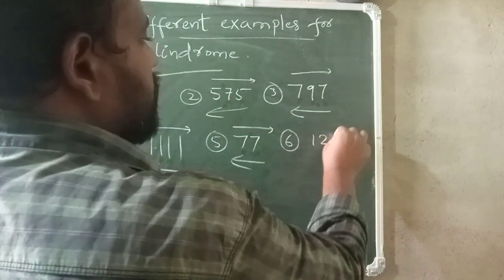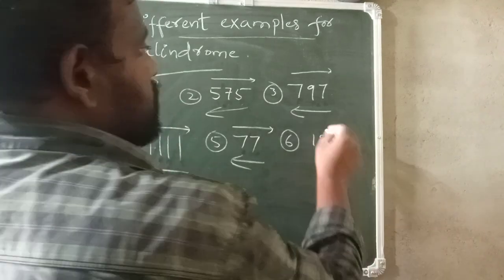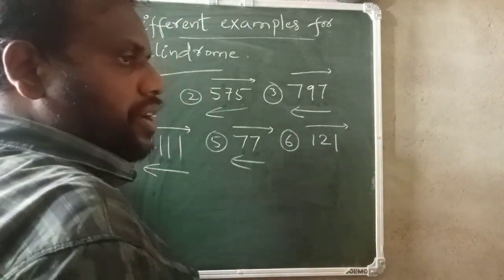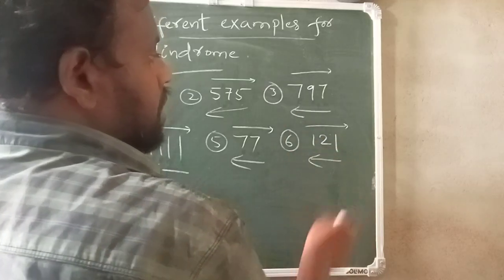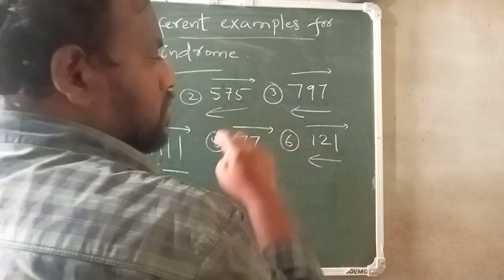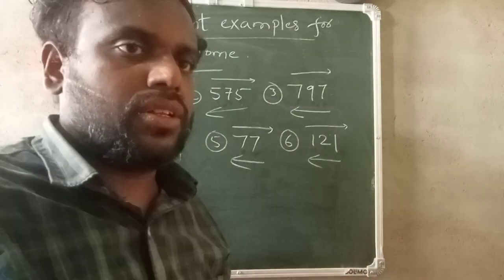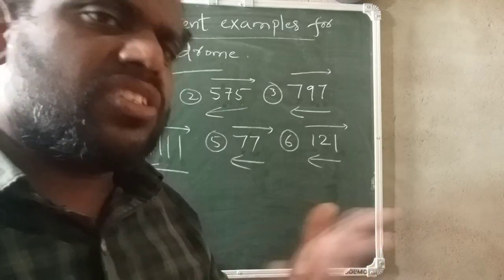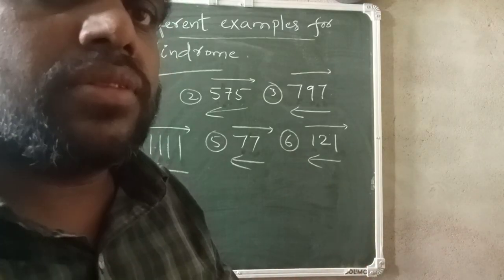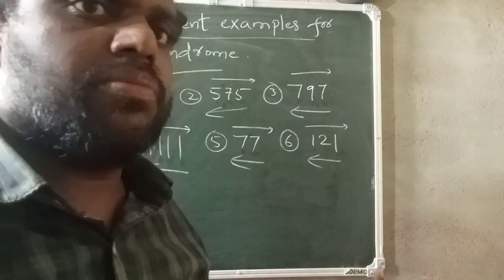121. If you read in this direction, how will you read? 1, 2, 1. Read in the other direction, 1, 2, 1. Same thing. When you read in both directions, the tone or voice is the same.